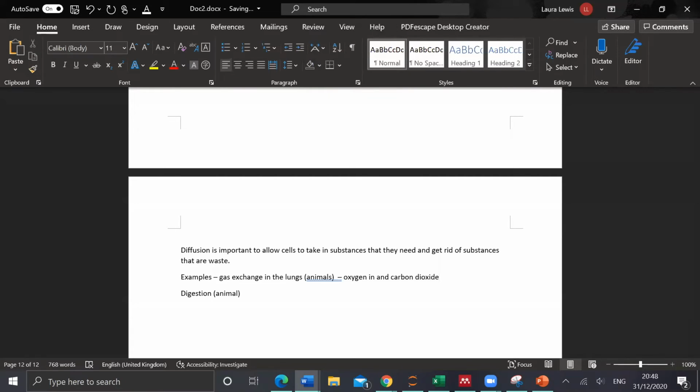Substances such as glucose and amino acids absorbed.